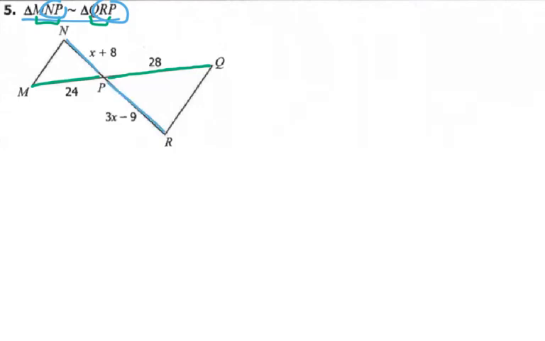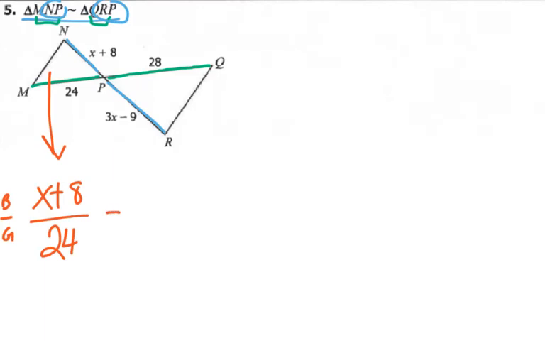So all I'll do is go to one triangle and decide how I want to set up my fraction. So if I say x plus 8 over 24, what I've just set up is the blue over the green. So as I set up my proportion on the right-hand side, it's got to be the blue over the green. So I need to set up 3x minus 9 over the green, which is 28. So let's go ahead and cross multiply this and solve.